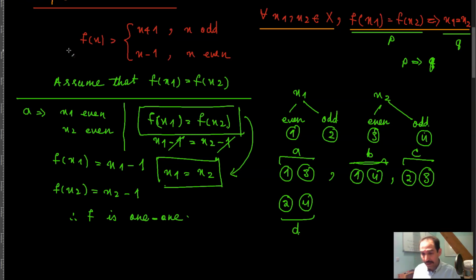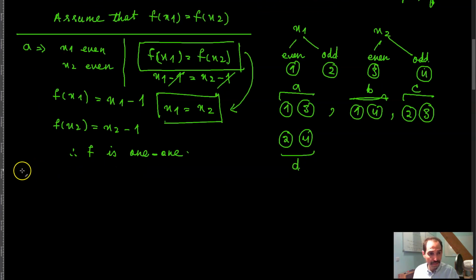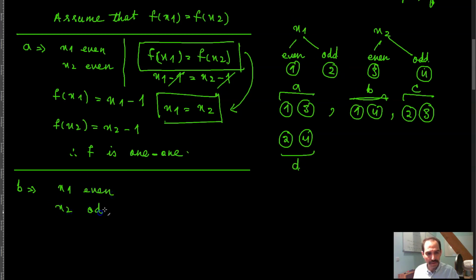Okay, so now let's say that B is the case, meaning that x1 is even and x2 is odd, right?